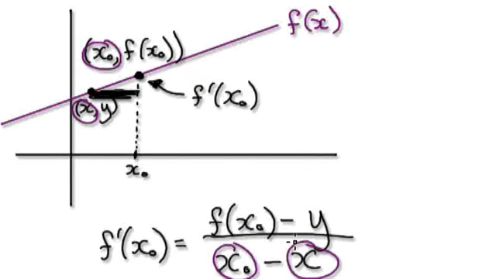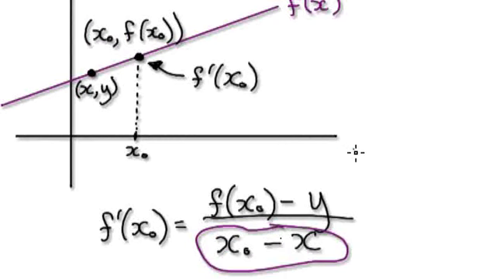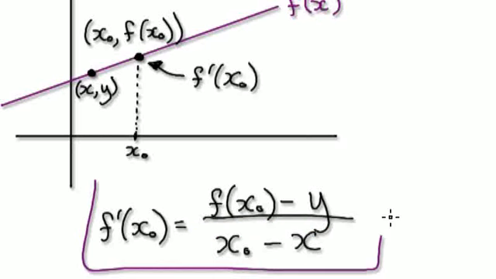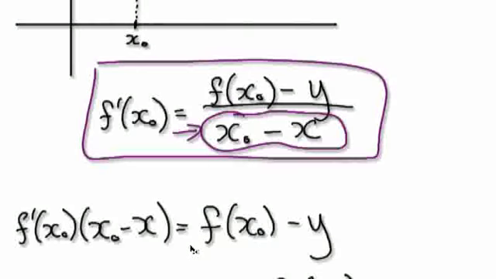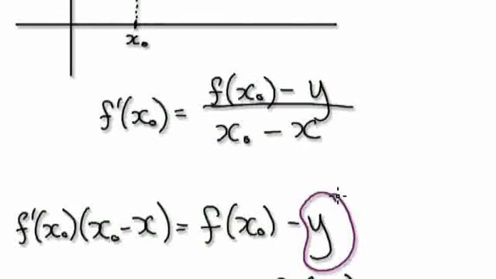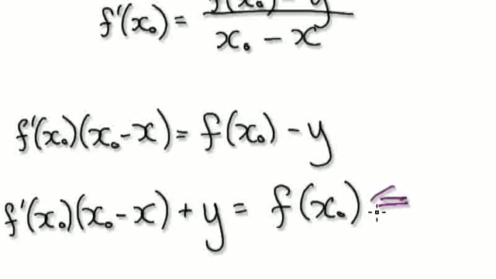It's just more awkward, that's all. Then rearrange to make y the subject. Multiply both sides by this bubble, and that will give you this. Keep an eye on y: you're trying to make y the subject, but at the moment it's negative. So add y to both sides.